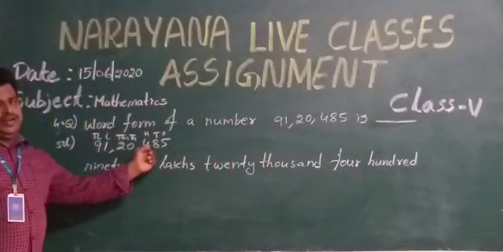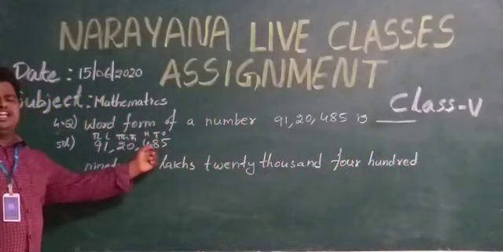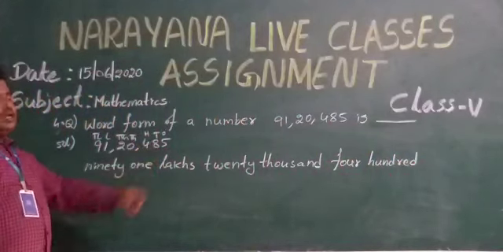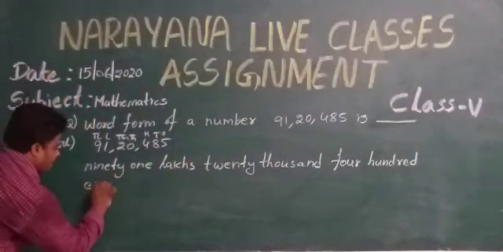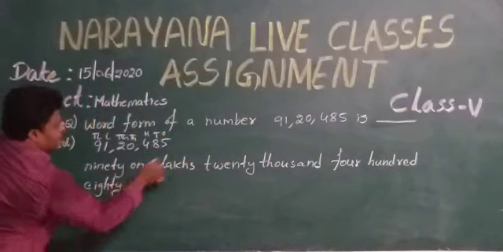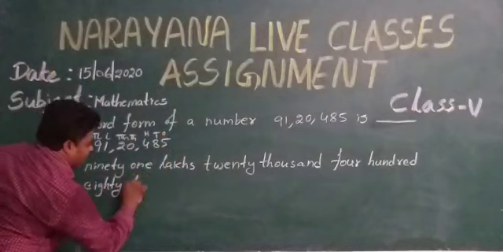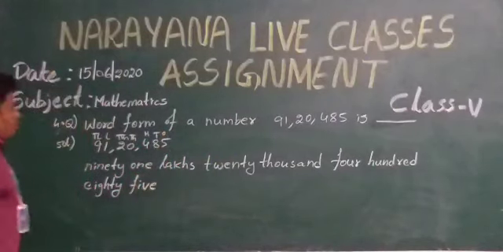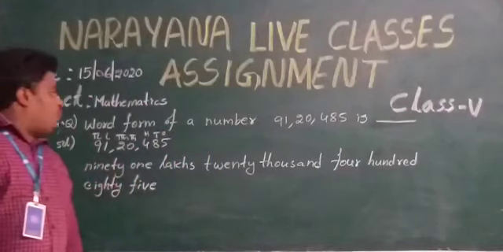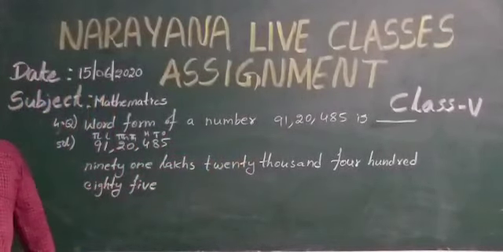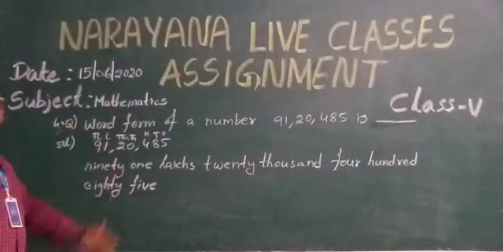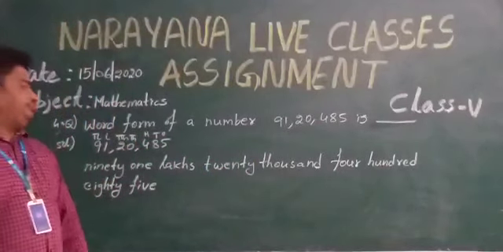Here, this is the ones period, and in the ones period every digit we have to write individually. So 485: 4 hundred 80, and 5 in the place of ones. So 91 lakhs 20 thousand 485. That is the word form of the number.